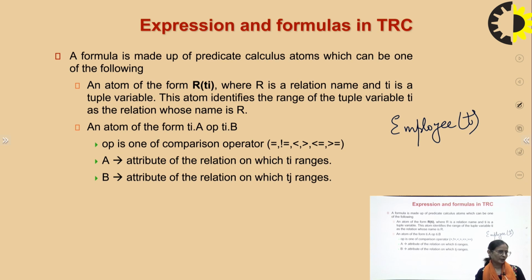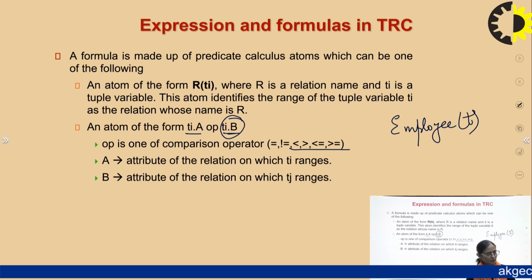Another atom which we have seen is of the form Ti.A op Tj.B. Now here it could be a constant, or it could be another relation also. In this case op is the operator, any comparison operator. A is the attribute of the relation on which Ti ranges, and B is the attribute of the relation on which Tj ranges.